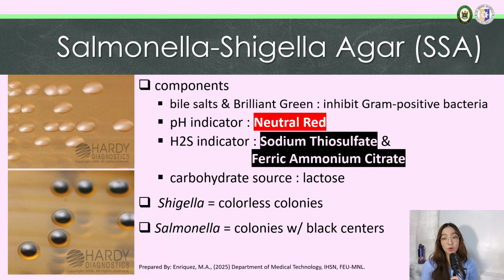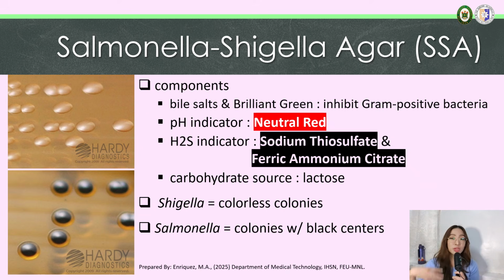Next is SSA, or the Salmonella Shigella agar, which is specifically formulated to differentiate Salmonella and Shigella species from other enteric bacteria. So its components would include bile salts and brilliant green, which is supposed to inhibit the growth of gram-positive organisms. Next, its pH indicator is neutral red.